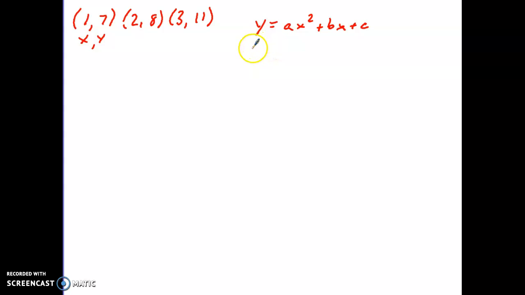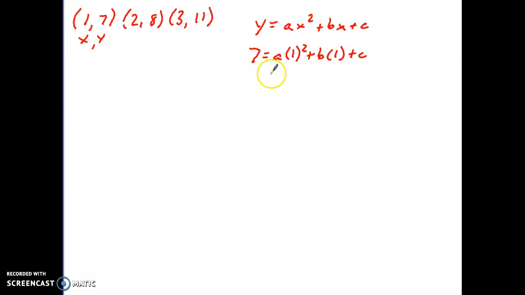So starting out with that first point, we plug 7 in for y, and we plug 1 in for x. Notice I use parentheses when I plug in the x values. That's going to be helpful if you have a negative x value that you're plugging in, making sure that when you square it, it comes out correctly.